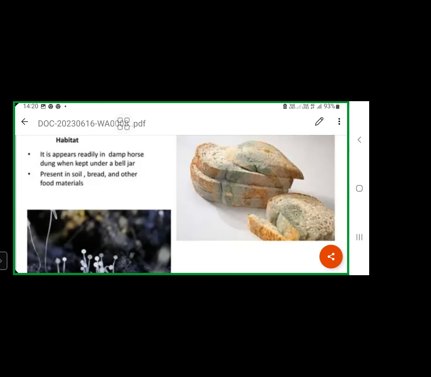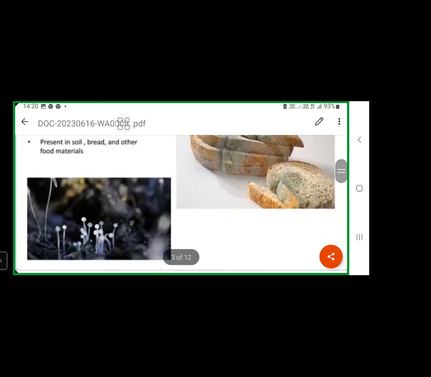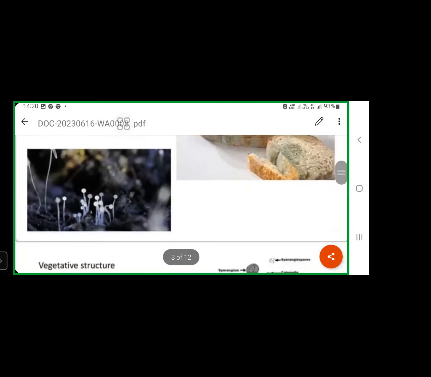The species used in these industries are Mucor indicus and Mucor circinelloides. These two species of Mucor are used in the industrial production of some fermented products, for example alcohols, etc.